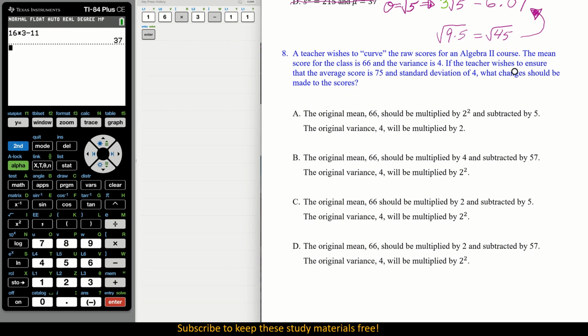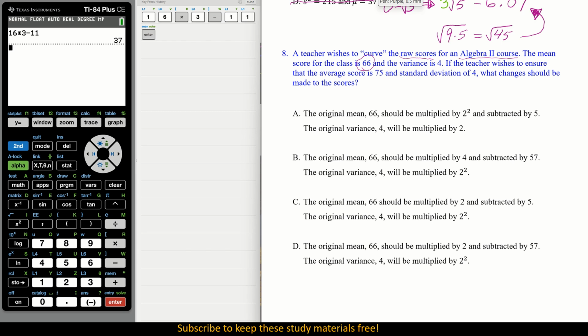Let's look at number 8. A teacher wishes to curve the raw scores of an Algebra 2 course. The mean score of the class is 66 and the variance is 4.